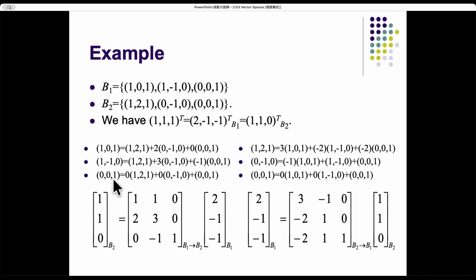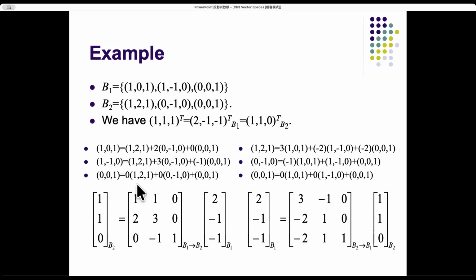And 0 0 1 is going to be 0 times the first vector plus 0 times the second vector plus the third vector, because the third vectors are the same. So the coordinate will be 0 0 1. So you see 1 2 0, 1 3 negative 1, 0 0 1. So this is B1 to B2.